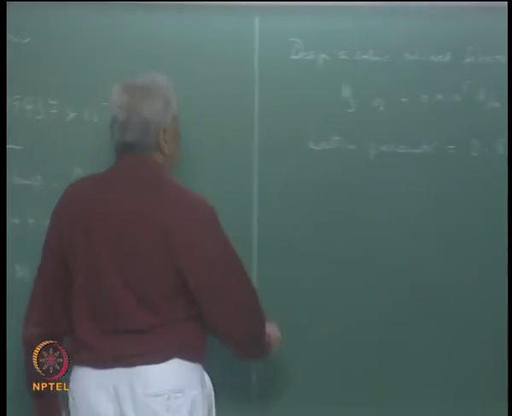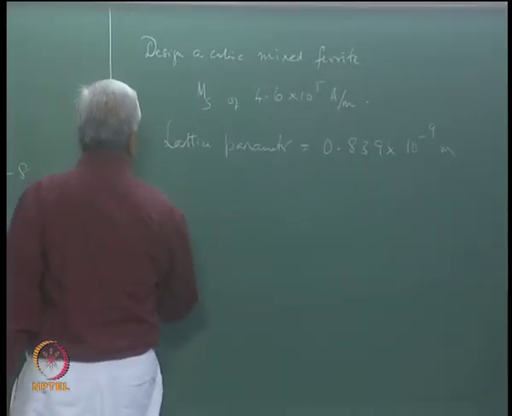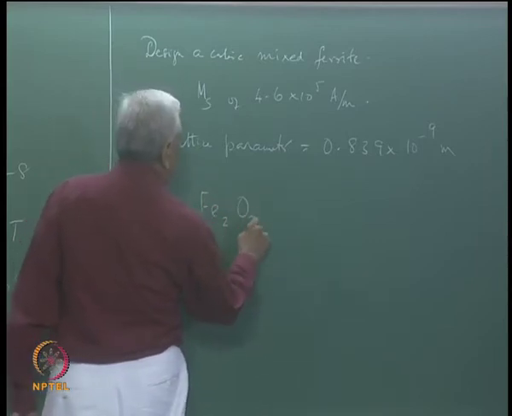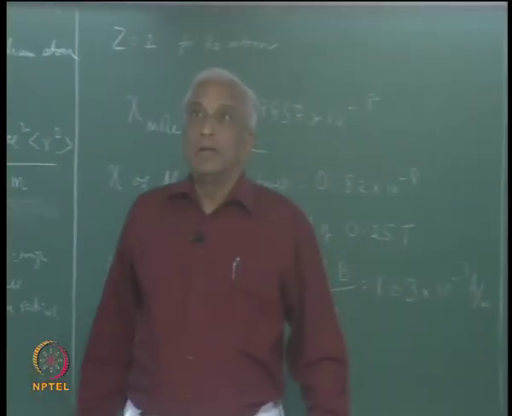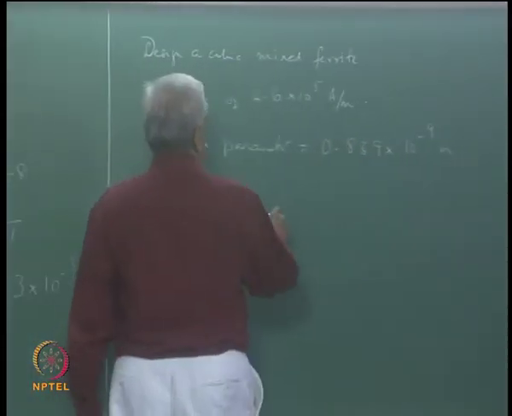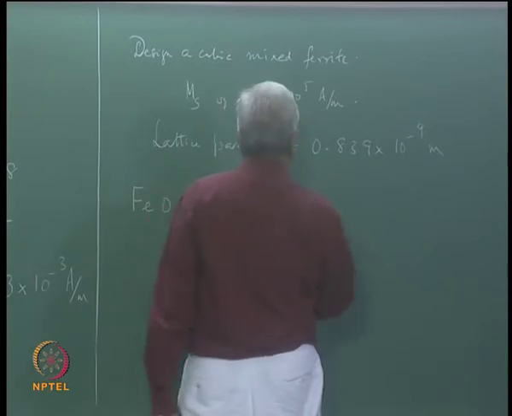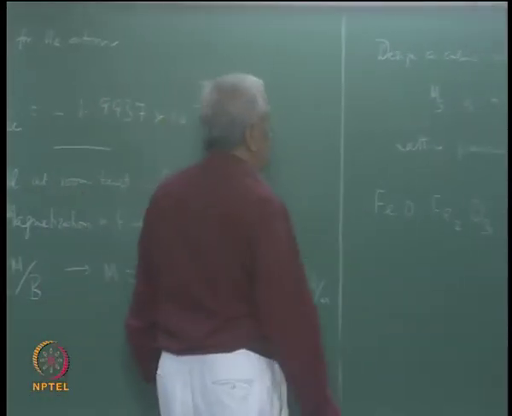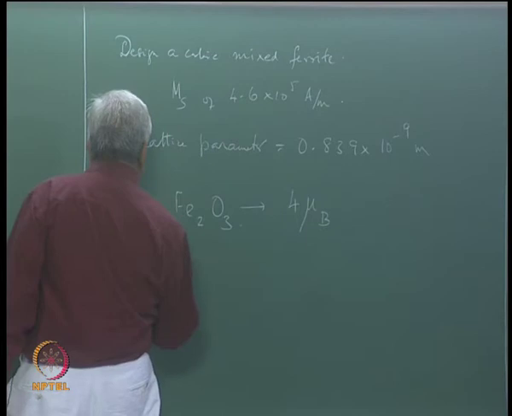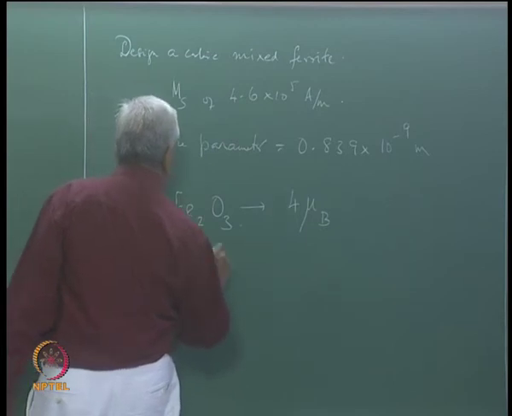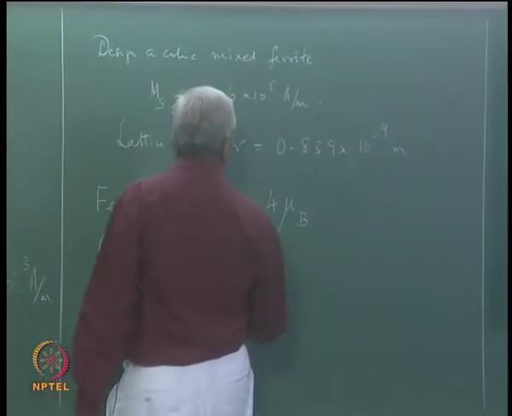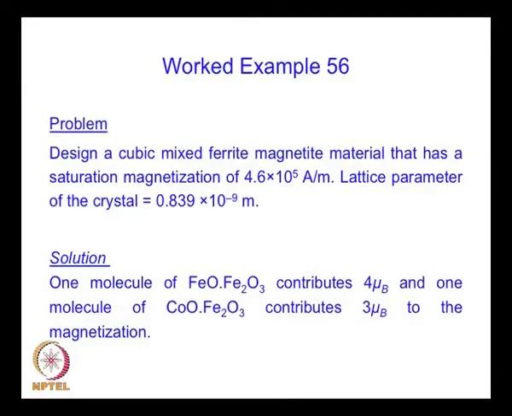So, basically the basic ferrite is magnetite, in which the iron contributes 4 Bohr magnetons, and we mix it with cobalt, in which case the cobaltous ion has a magnetic moment of 3 Bohr magnetons.